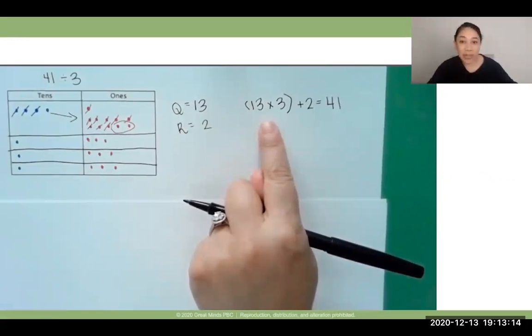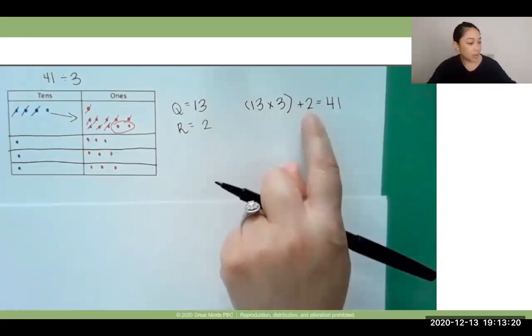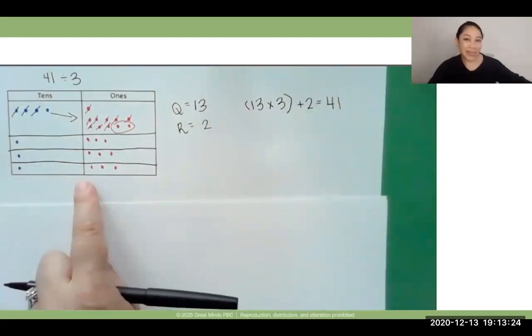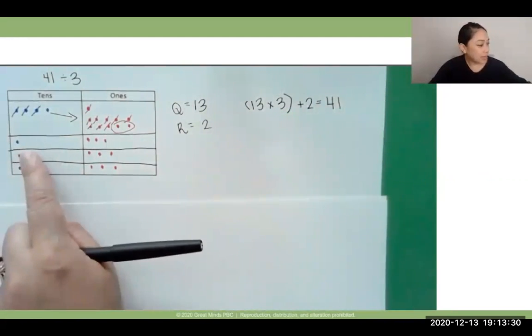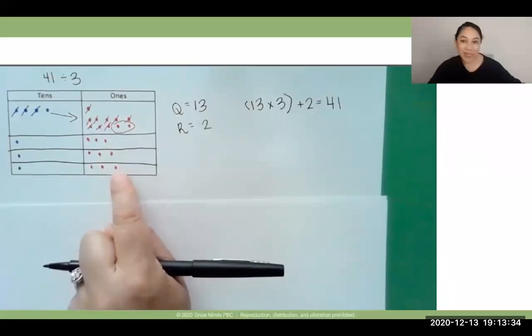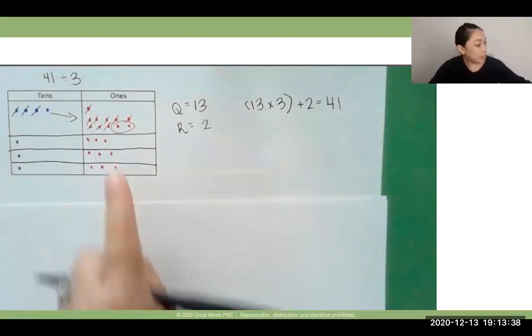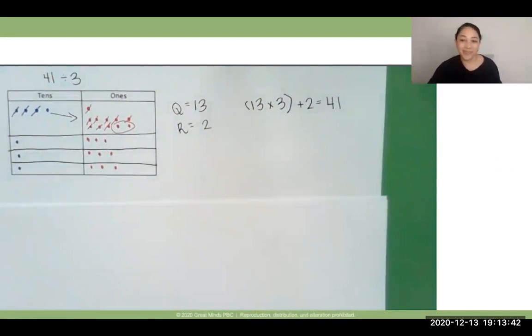Here's what I'd like you to do. I'd like you to pause the video here and explain aloud where the numbers 13, 3, 2, and 41 are represented in the place value chart. 13 is the 1 ten and 3 ones in each of the groups. 3 is the number of groups that we've made.